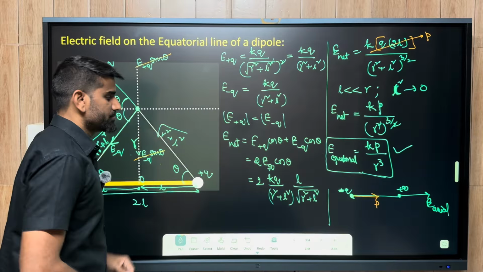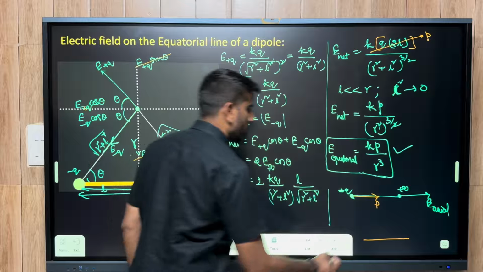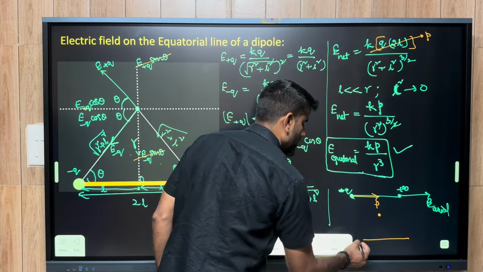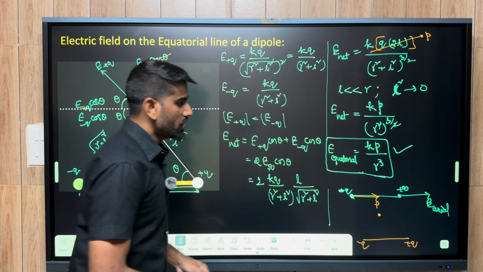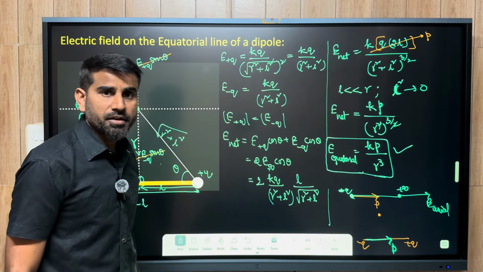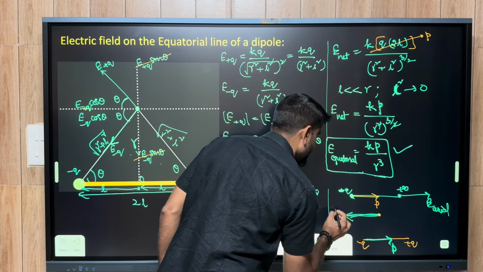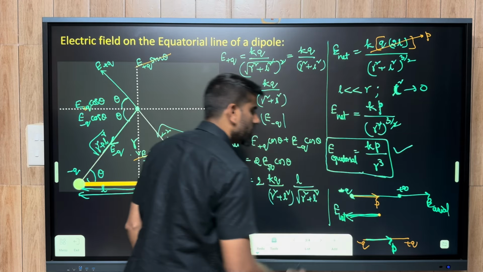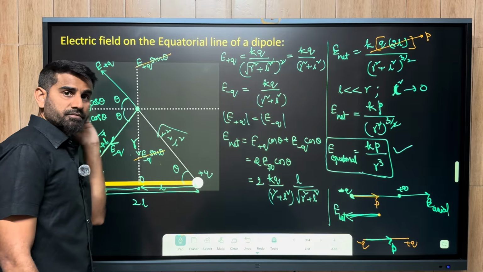Now, let's look at this diagram. Here we have the electric dipole and our point of interest is this one, minus q, plus q. The direction of the dipole moment is from minus q to plus q. This is our dipole moment, but the net electric field is pointed in this direction, E net, equatorial line.